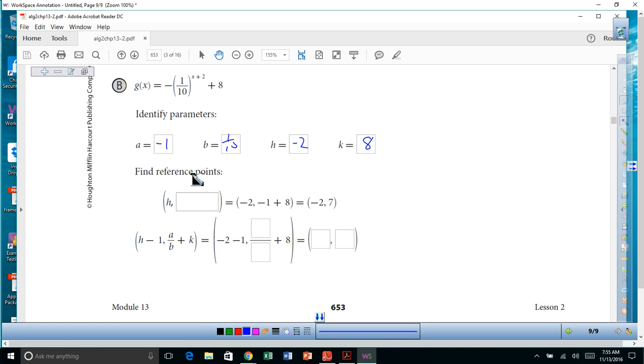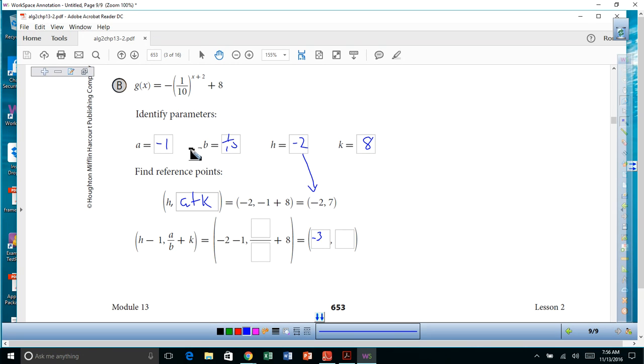All right, find reference points. So you got H, and then that was A plus K. So H is negative 2. Notice negative 2. All right, and then A plus K, negative 1 plus 8, that gives you 7. H minus 1, so that's going to be negative 2 minus 1, which gives you negative 3.